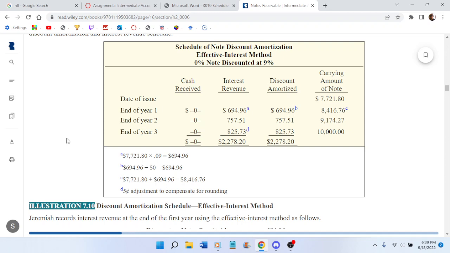A. This times 0.9. B. What the? Why minus 0? Where'd you get the minus 0 from? What on earth?